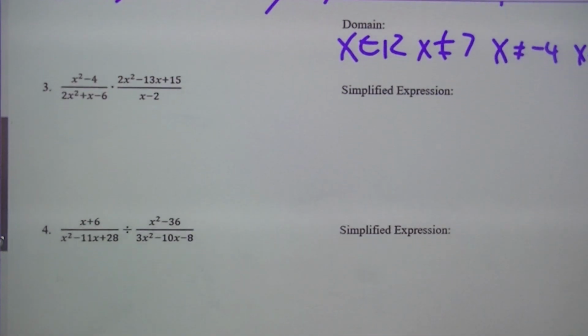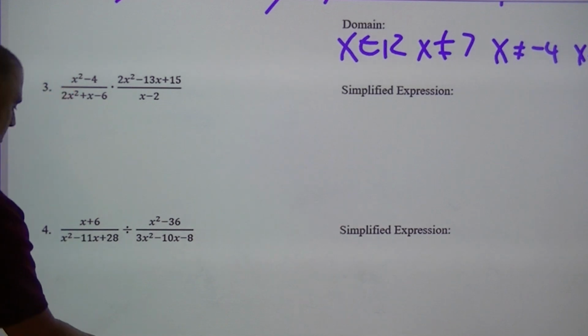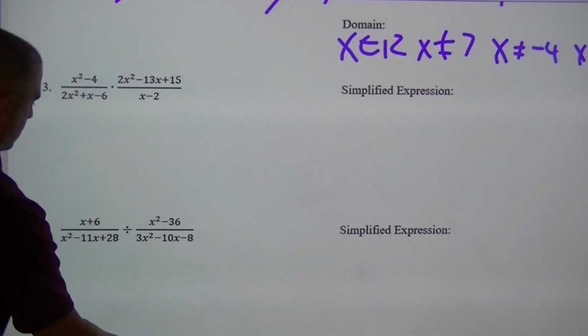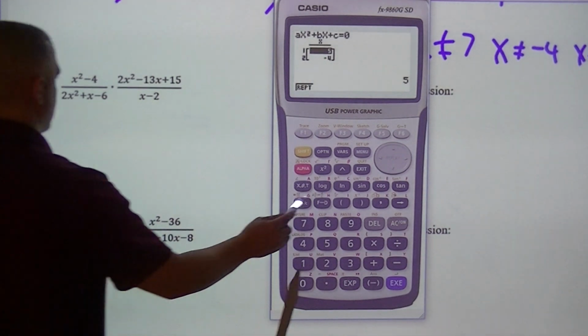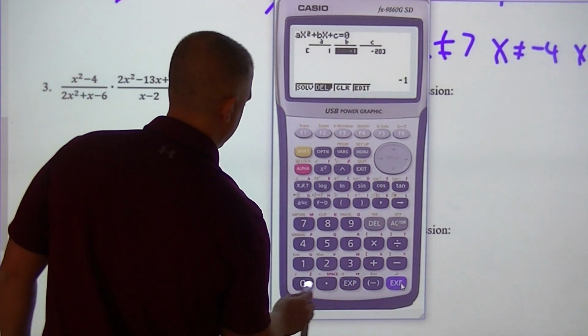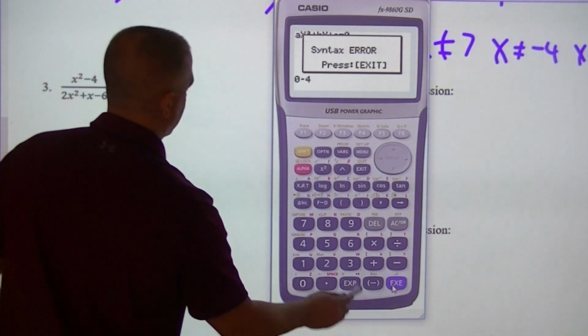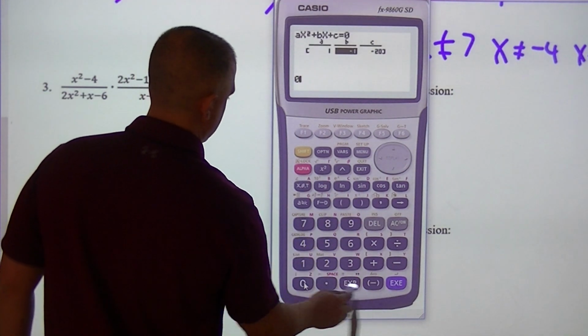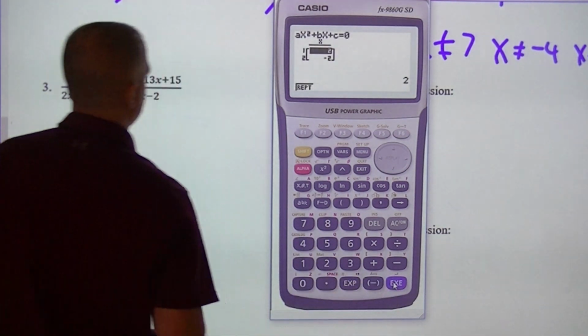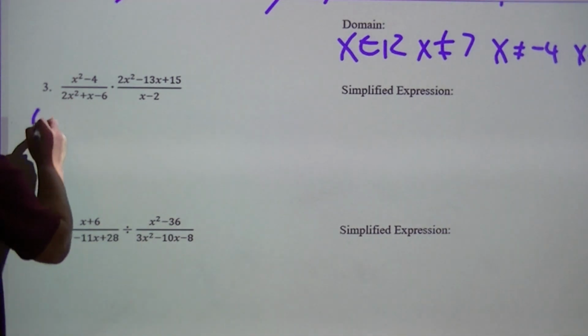All right? So what we got here? All right, we're going to go to equa. Okay? 1, 0, negative 4. Everybody should know how to factor that by now. Okay, x minus 2, x plus 2.